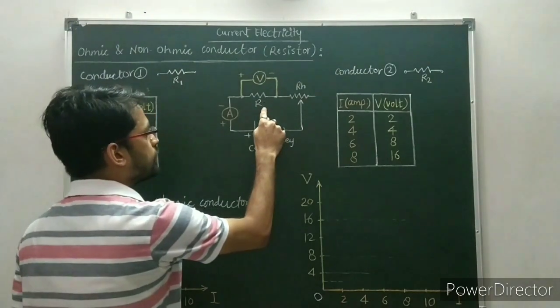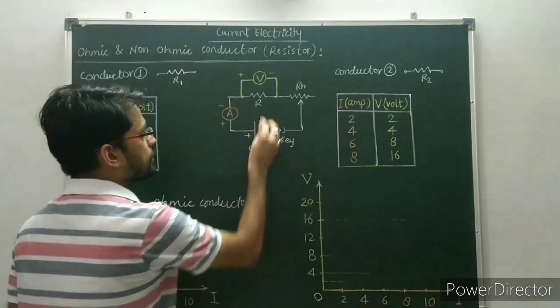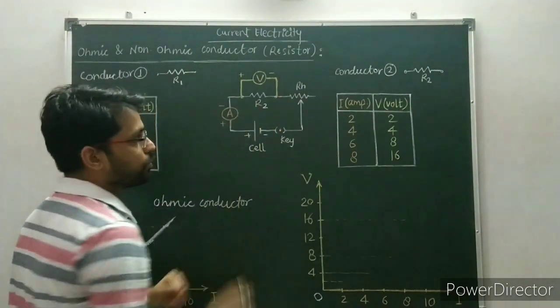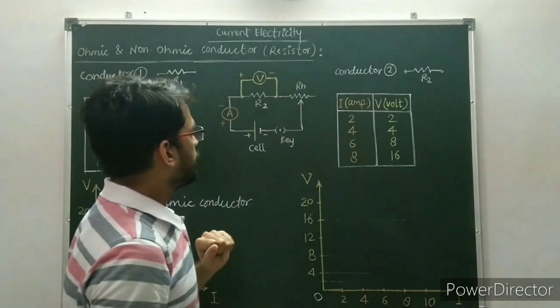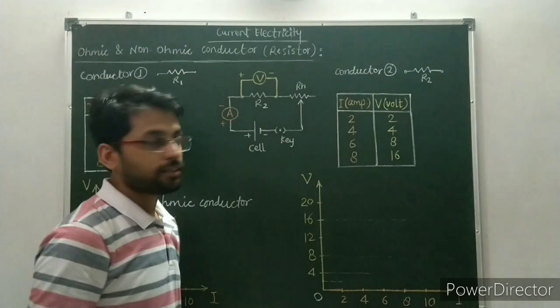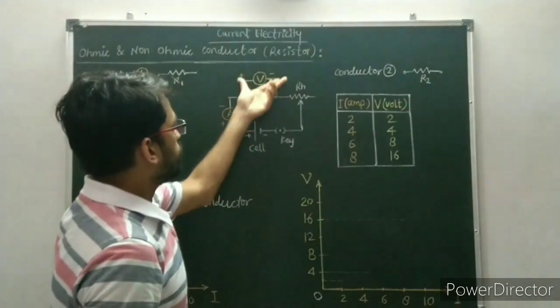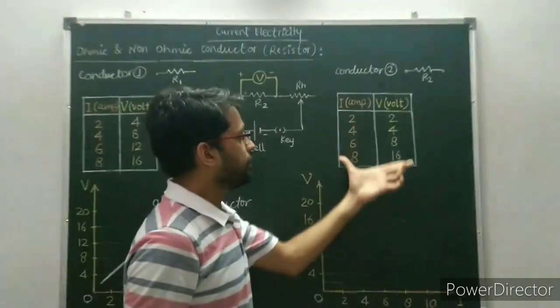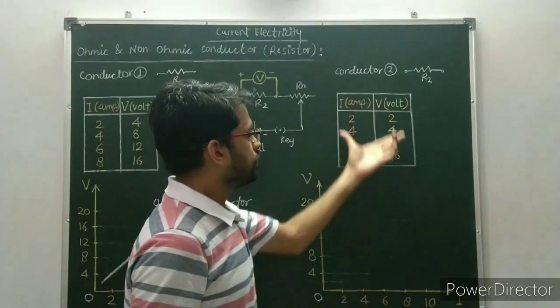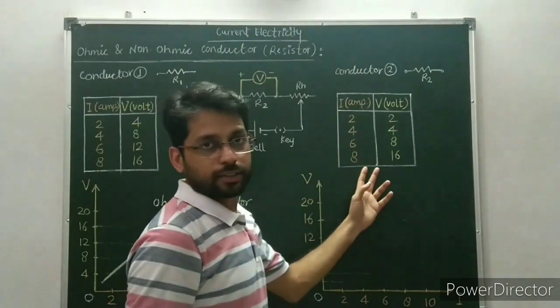When you connect, then the resistance of the conductor will be R2. Now by changing the current in the circuit, we can measure the potential difference across the conductor and assume the table is like so.